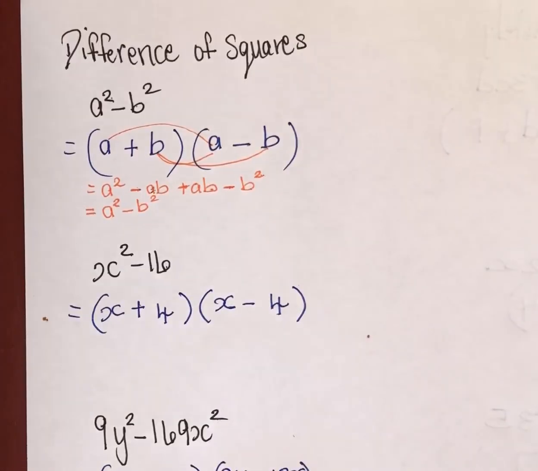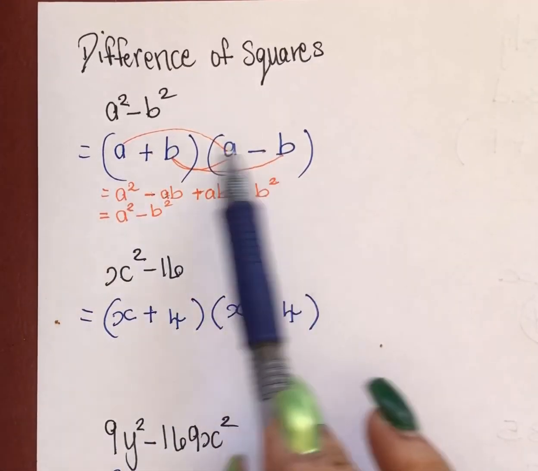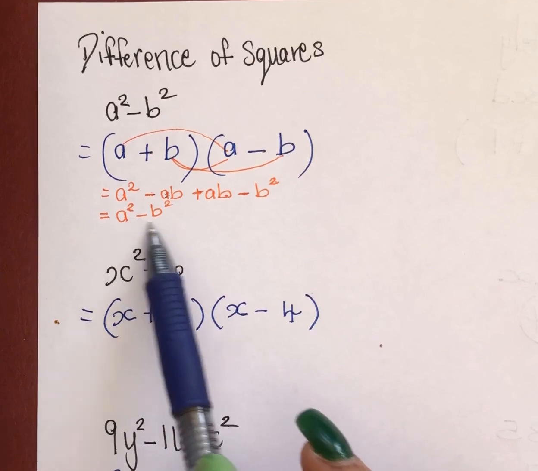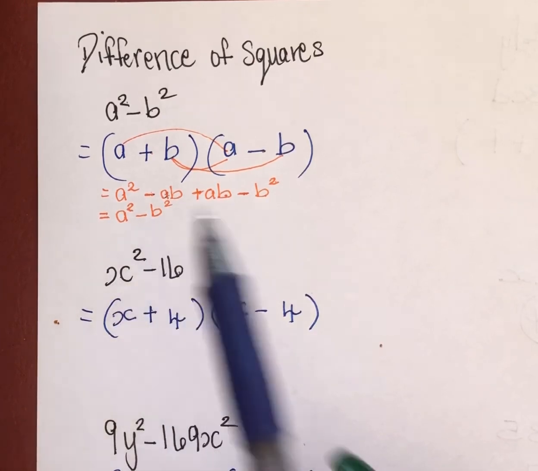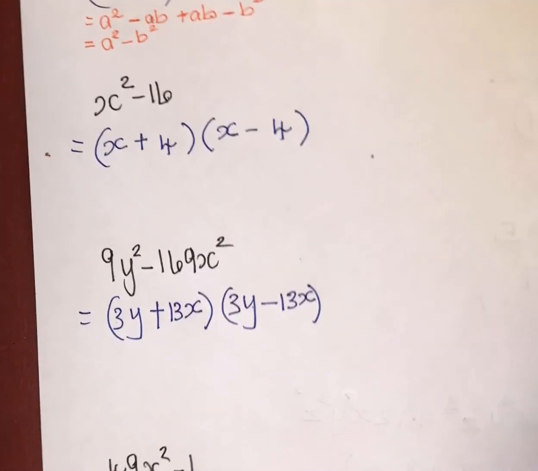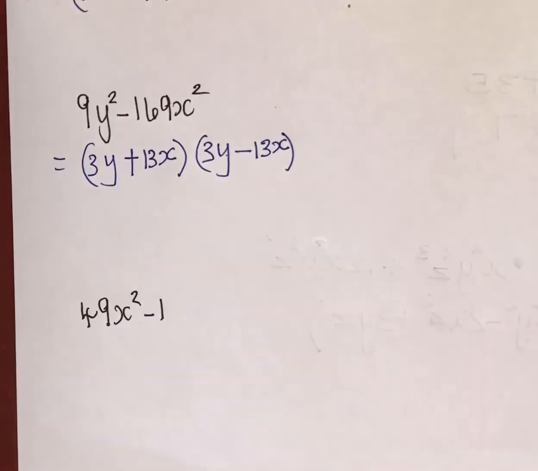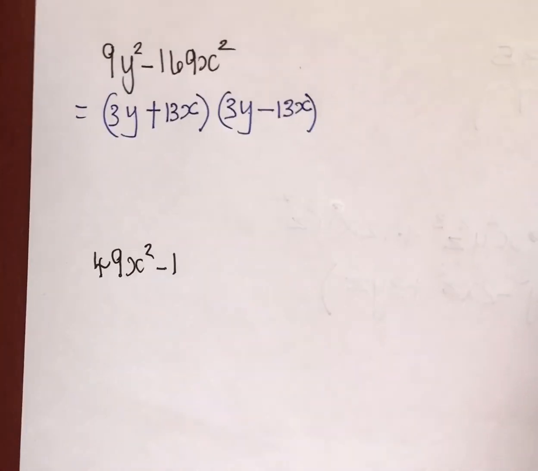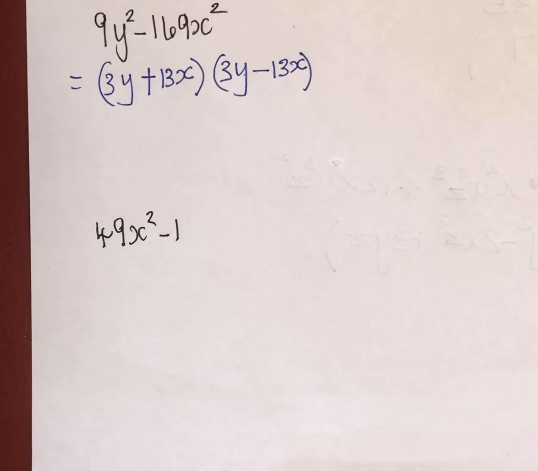So if you want to do the check, like we did with the first one, to show that we were correct, you can do that with these other ones, right? Just to test them. And the last and final question.